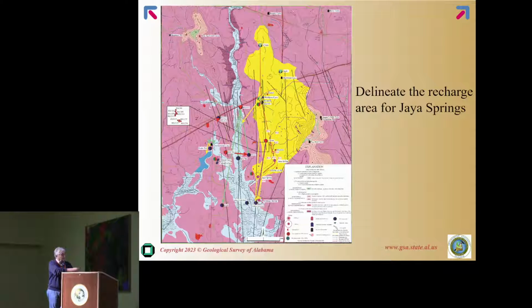Now, to go to the target of this project, it's Yaya Spring. To protect this little fish, we have to define the recharge area of Yaya Spring. On this map, the green is the recharge area I defined based on the 7.5 minute map in the old fashion, which is the scale 1 to 24,000.